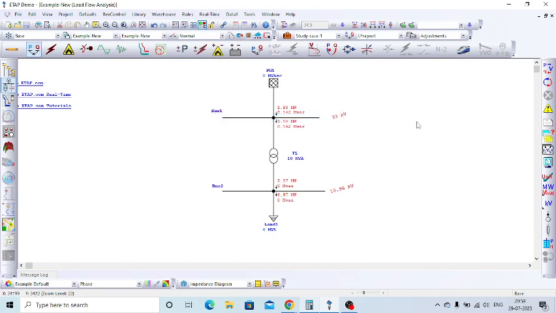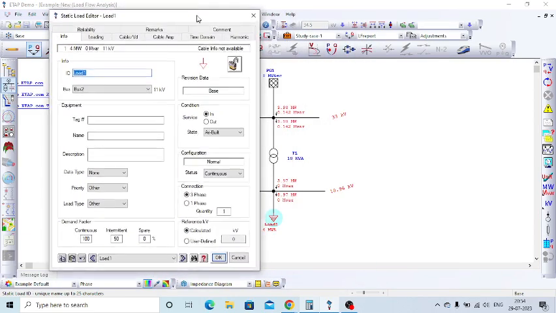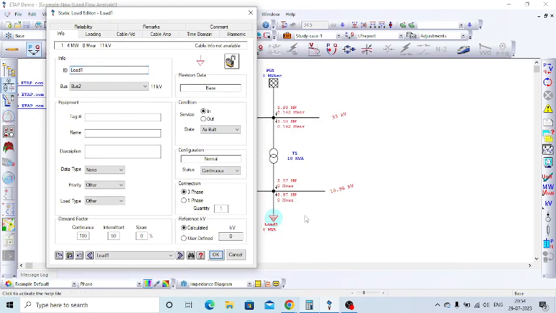I hope now everyone understands the simple two bus system. Now what I'm going to do is change the static load of 4 MVA into 6 MVA. Please note that when the load is 4 MVA, the secondary bus voltage is 10.96 kV.